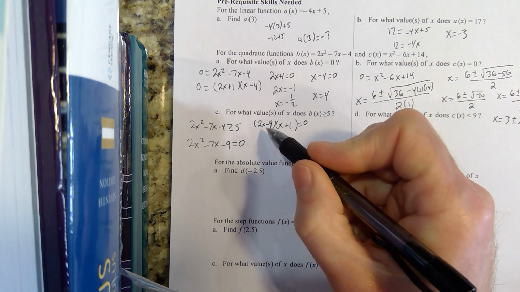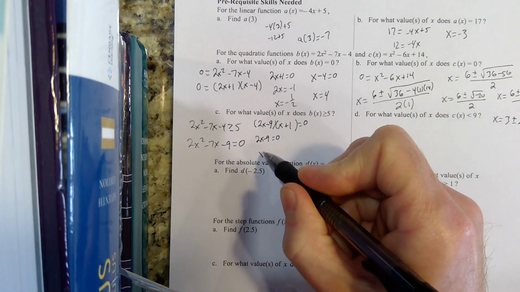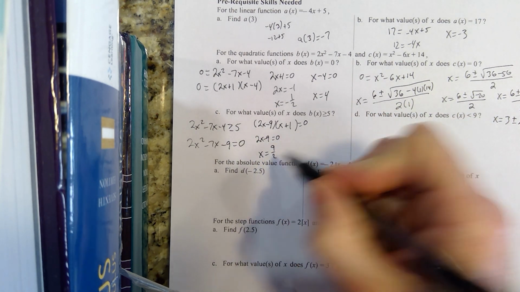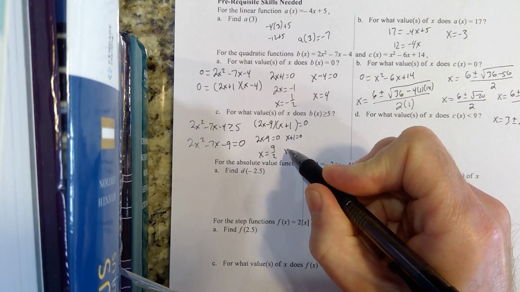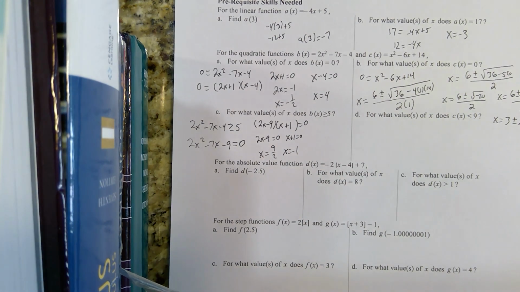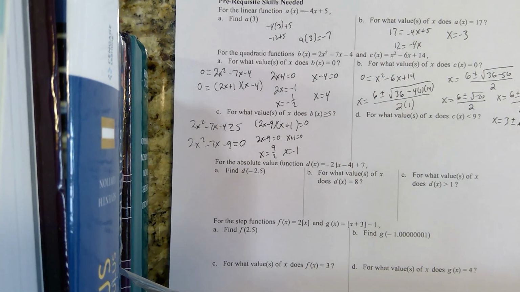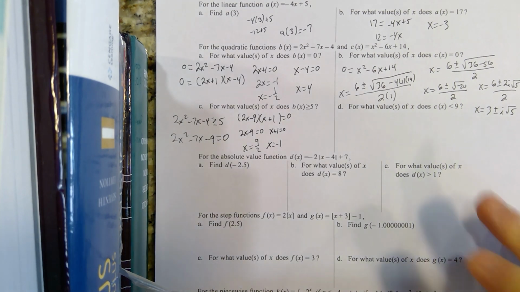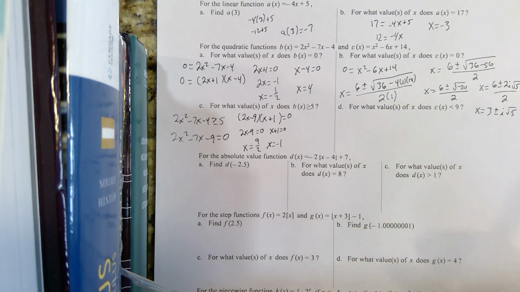So solving, 2x minus 9 equal to 0 gives me 9 halves. x plus 1 equal to 0 gives me negative 1. There's my roots. Now, I have to go back. This was an inequality. I wasn't trying to find just the roots. I was trying to find all the values where this function is greater than or equal to 5.